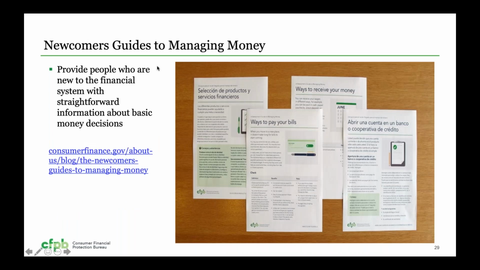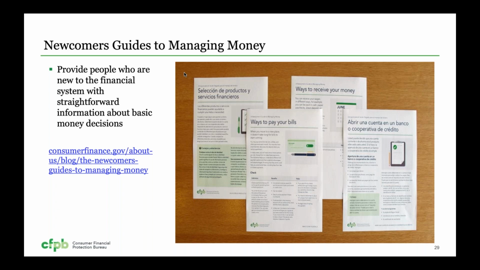One other thing that we're pretty proud of is our newcomer guides to money managing. Knowing that many immigrants come to America daily, and we call them newcomers, these newcomers come without any knowledge of our financial system and how it works. So we created 4 guides, which are translated into 8 languages that we have listed earlier.